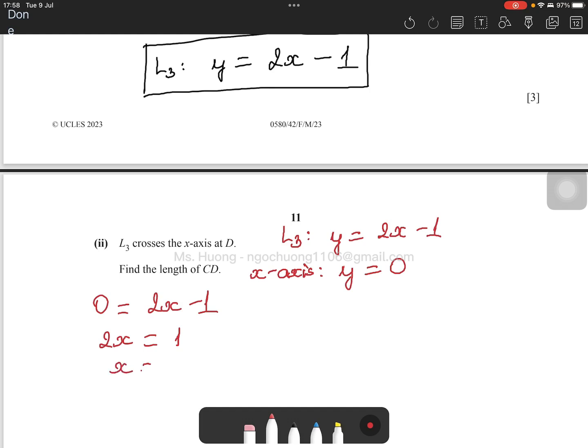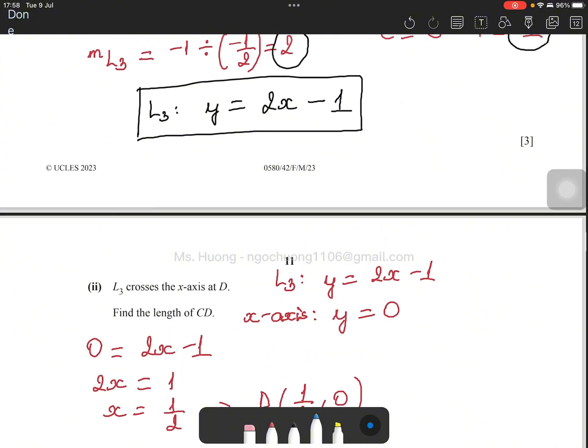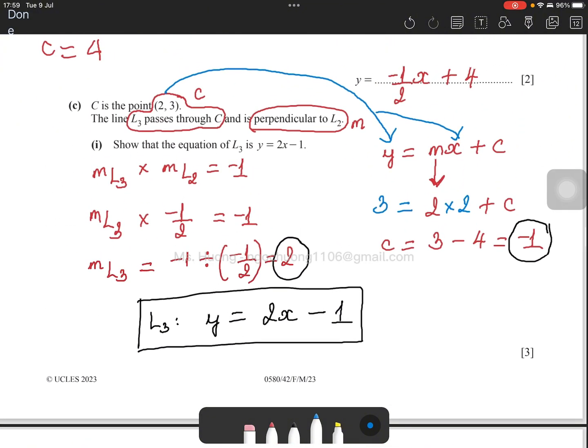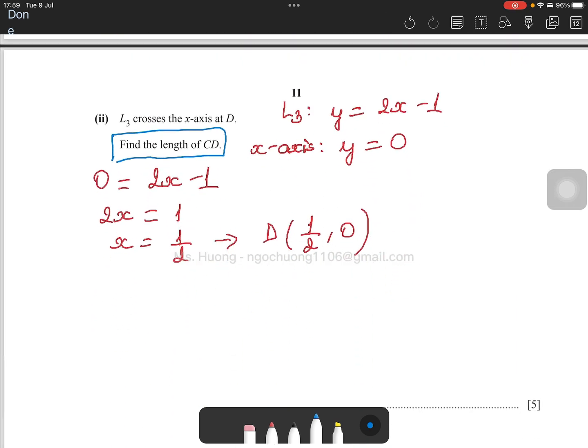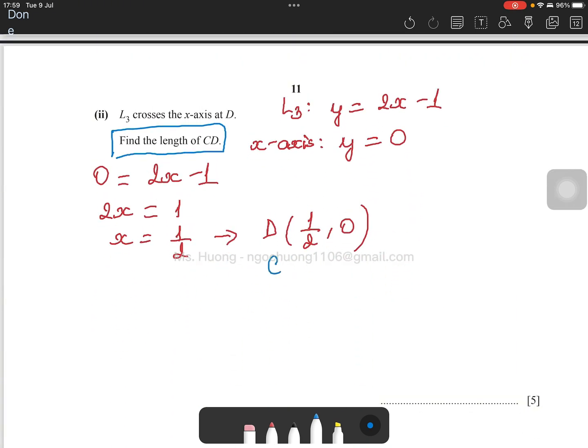Then x is 1/2. So we know that the coordinates of the point D is x is 1/2 and y is 0. The question is find the length of CD. And according to question C, you see that the point C is (2, 3). C is (2, 3) and D is (1/2, 0).